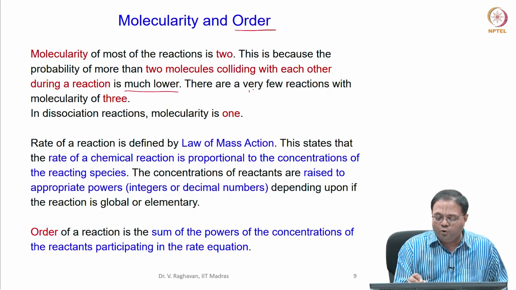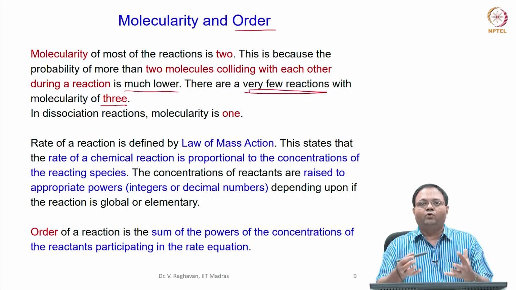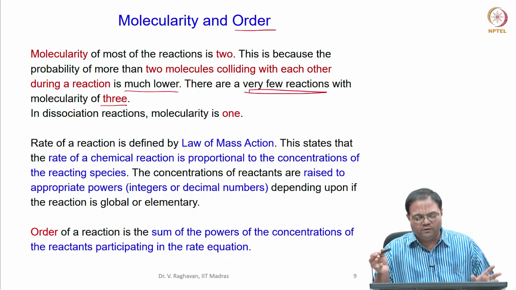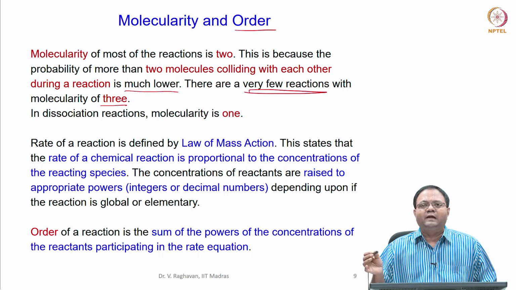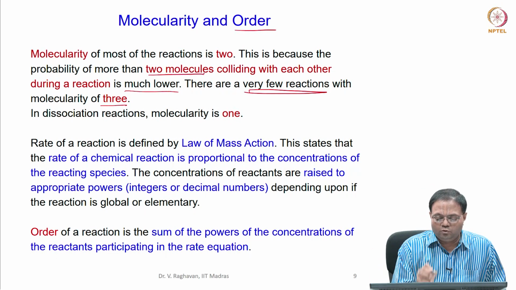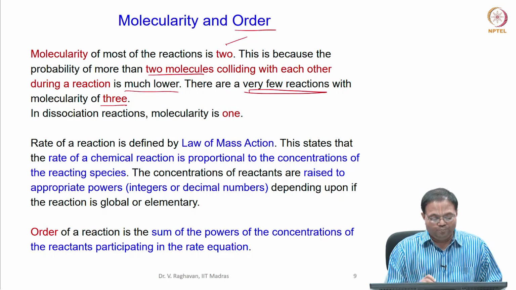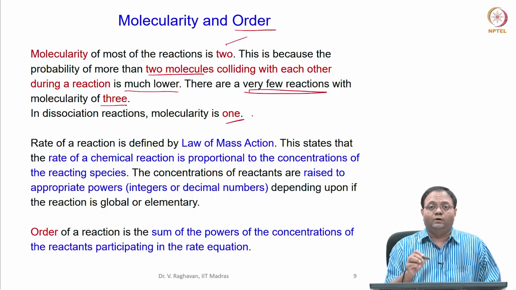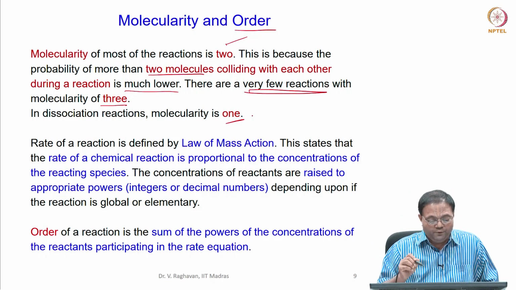So, only very few reactions have molecularity 3, with 3 molecules colliding at a time, very few, we can just number them. But more than 90-95% of the reactions involve 2 molecules colliding with each other. That is, the molecularity of those elementary reactions is 2. Now, for dissociation reactions, I told you the molecularity is 1, for example CO2 giving CO plus O. So, the molecularity is 1 there.